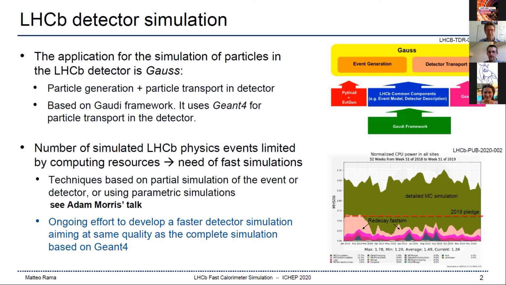The fast simulation techniques that are currently in production or almost in production, as Adam has explained, are all based on a partial simulation of the event or of the detector, or on a fully parametric approach. Here, I'm going to describe the ongoing efforts to develop a faster detector simulation at the hit level, aiming at the same quality as the full simulation based on Geant4.